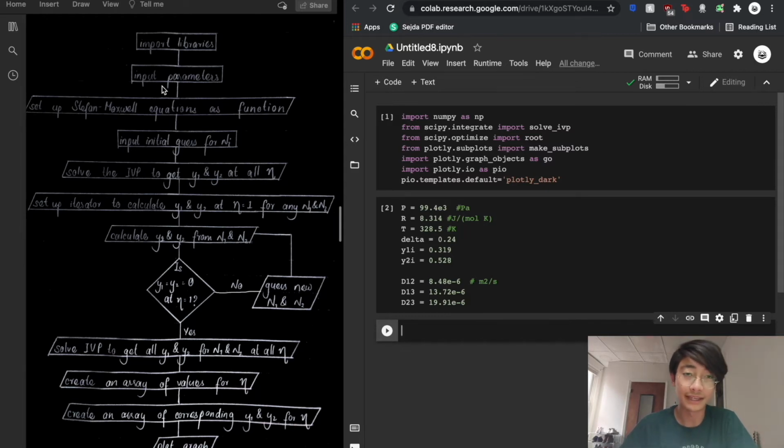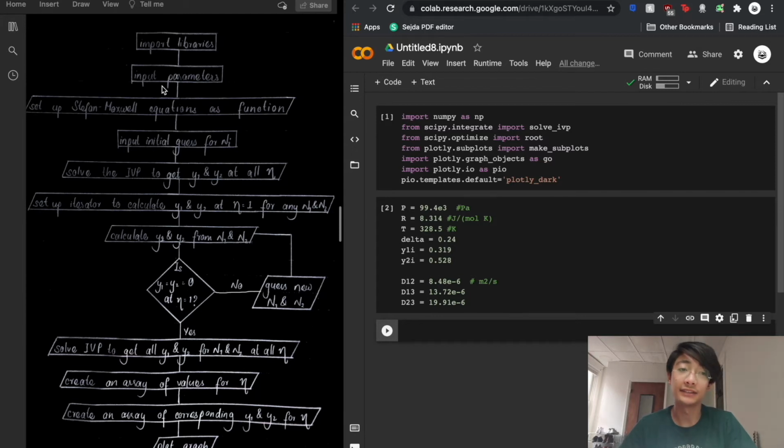After that, we're going to make an initial guess for our molar fluxes, and once we're done with that, we're going to try to solve the initial value problem to get the mole fractions at all eta. In order to do this, we're going to be using the solve IVP function from the SciPy library.